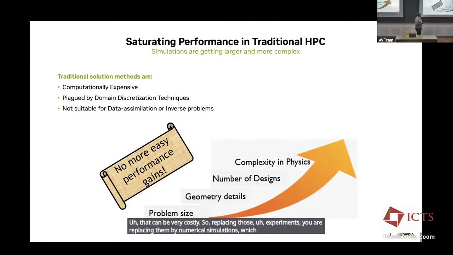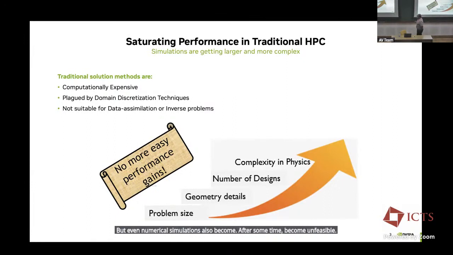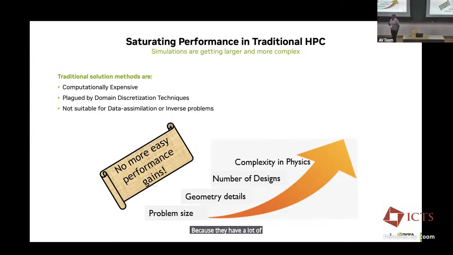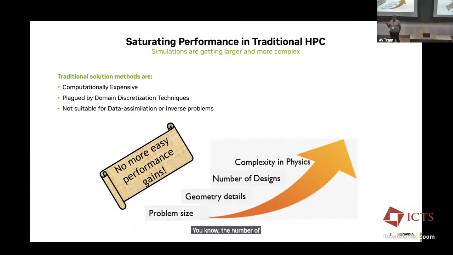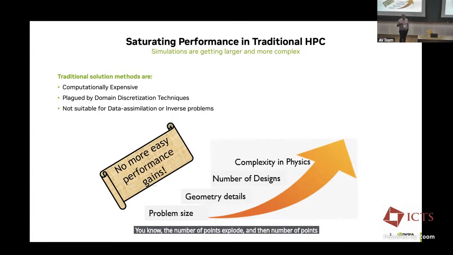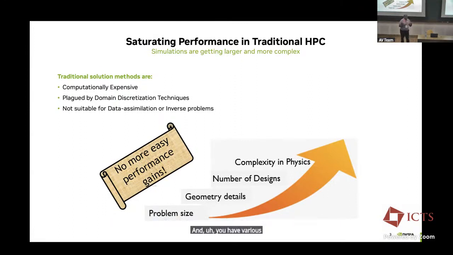But even numerical simulations become unfeasible after some time, because the problem size can become arbitrarily large as you go to denser and denser grids. The number of points explodes, and the number of computations required also explodes.